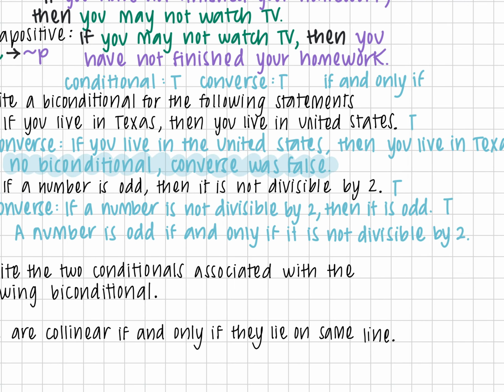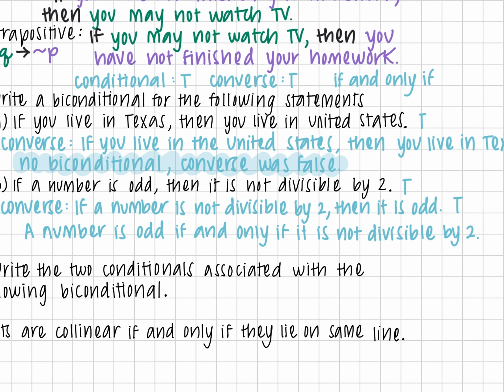Okay, so I'm going to highlight that once again, and then I'll go over just one more time how we write that biconditional. So the key things with your biconditional is just going to be, I'm going to pick up with my hypothesis. I'm not going to have my if. When I get to the then, I am going to insert this if and only if phrase, and then I will pick up with the conclusion afterwards.